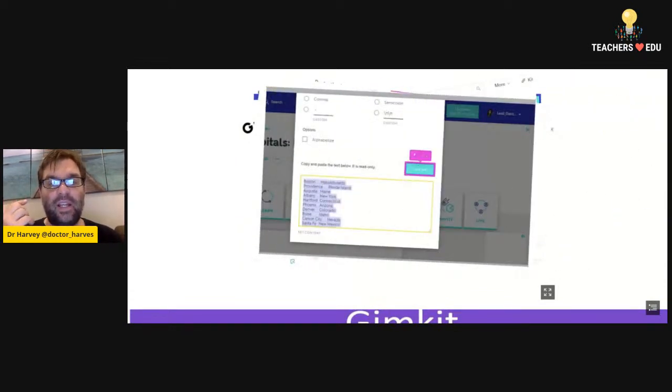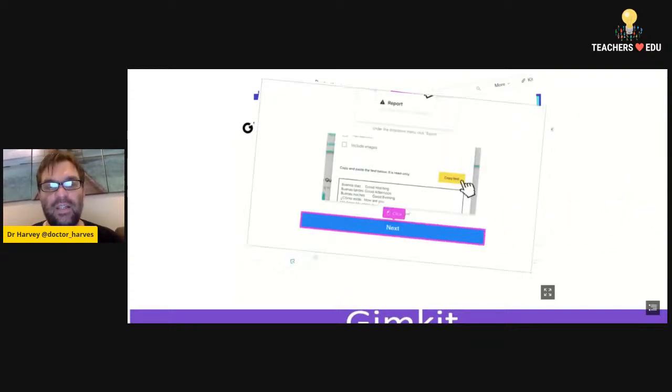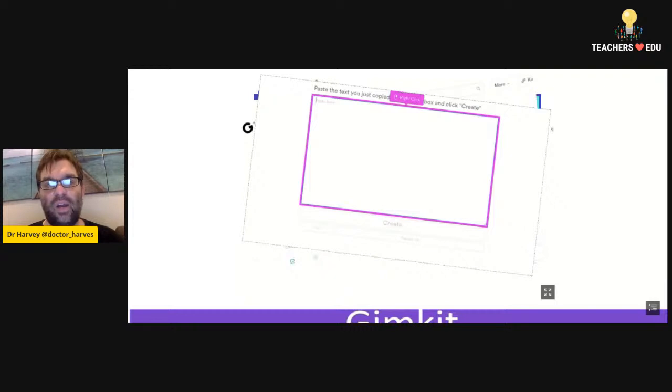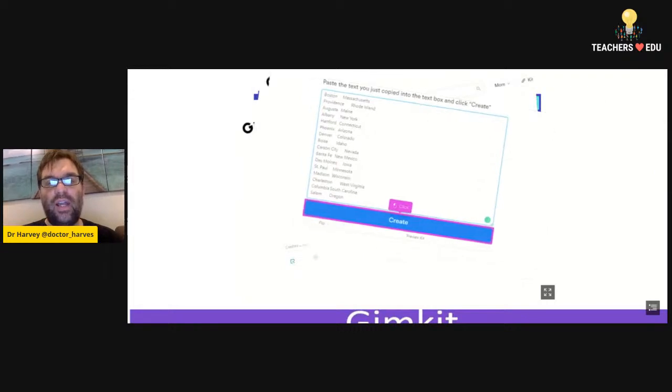So now you're in Quizlet, you export the Quizlet. You copy the text from your Quizlet, and you can see there it's got the states and the state capitals. Then you click next, click next again after you've copied the text, right click to paste into Gimkit, and then create.